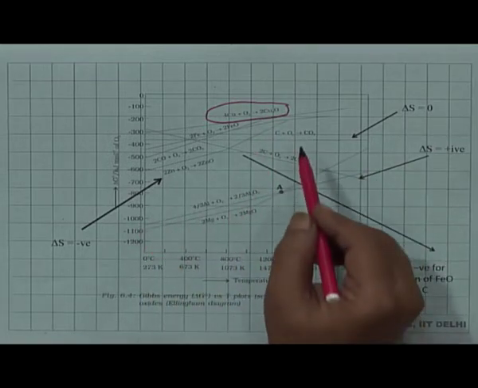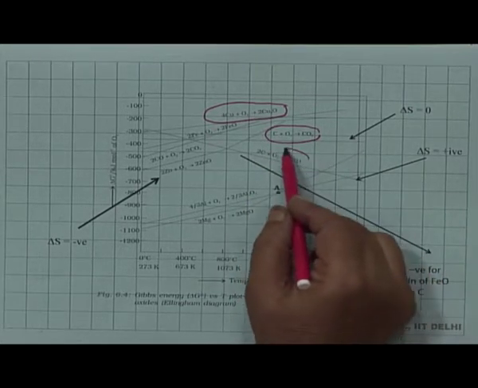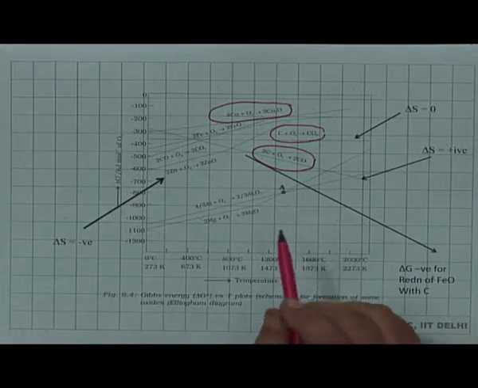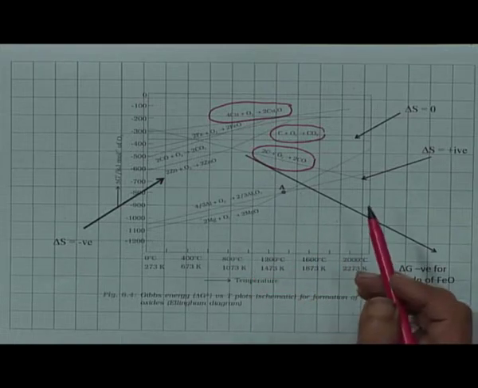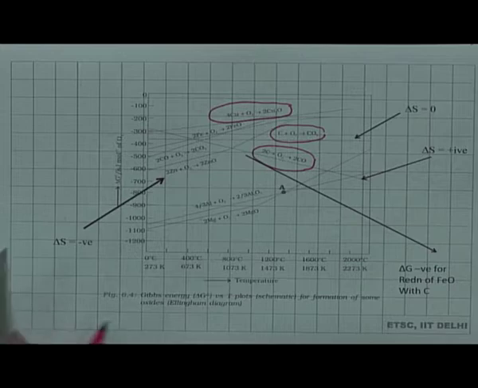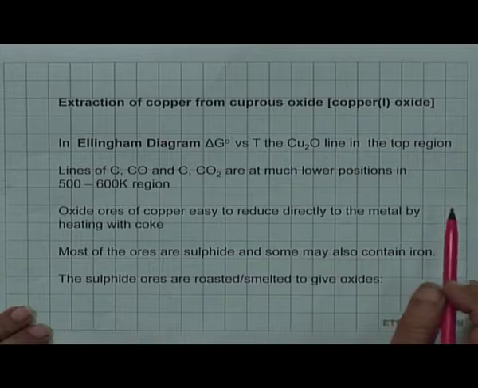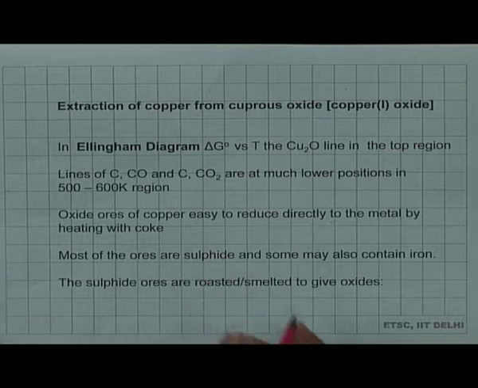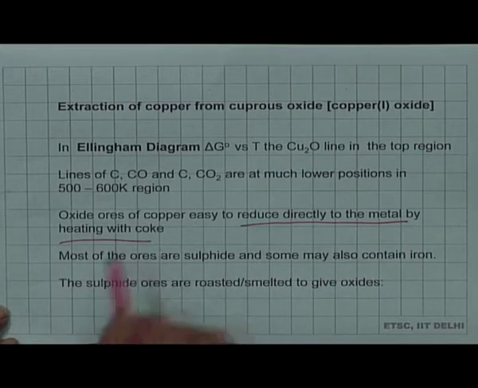It is much above the carbon and carbon monoxide graphs. This suggests that copper oxide can be easily reduced with the help of carbon or carbon monoxide or coke in the temperature region 500 to 600 Kelvin. So, copper is reduced by directly heating its oxide with coke.